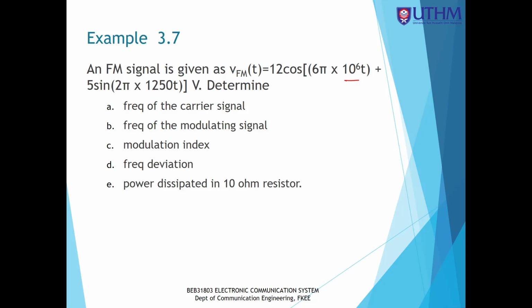From here, you can determine the parameters. You are given the VC, and this is 2πfc. You need to divide by 2π, and you get fc equal to 3 mega.